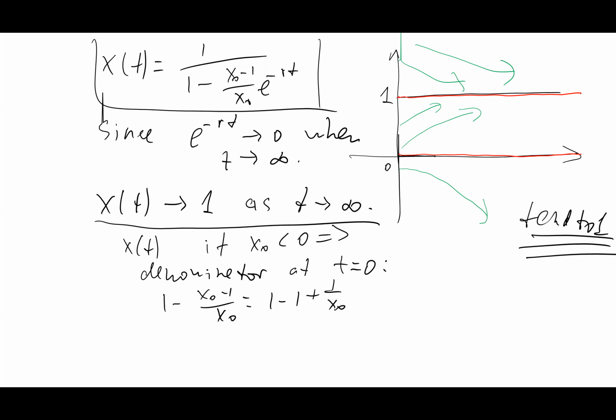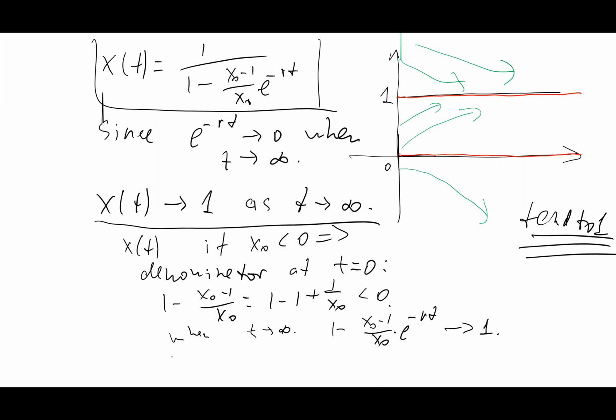Since x naught is negative, it is negative. On the other hand, when t tends to infinity, the second term disappears, and the denominator 1 minus (x naught minus 1 over x naught) times e to the power of minus rt tends to 1. So it's negative and tends to 1, therefore at some point it should get to 0.